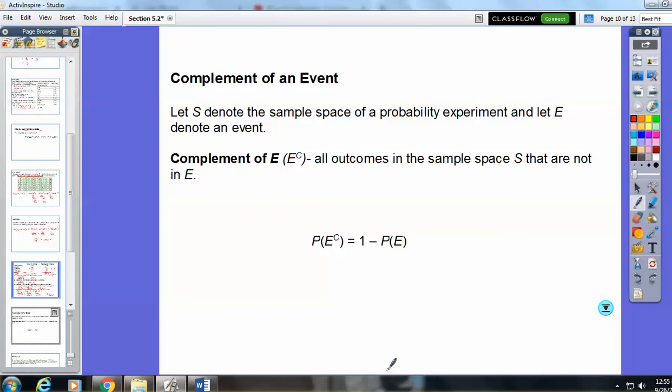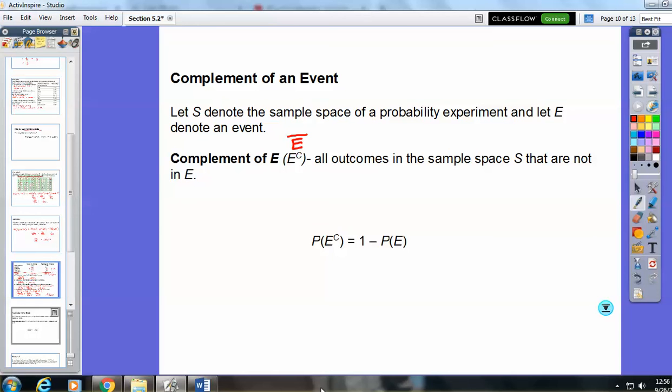The last thing I want to mention today is what are called complements. So if you have a sample space S and E is a particular event, the complement, different books use different notations. This book uses an E with an exponent of C. A lot of times you will see an E with a bar over it as well.